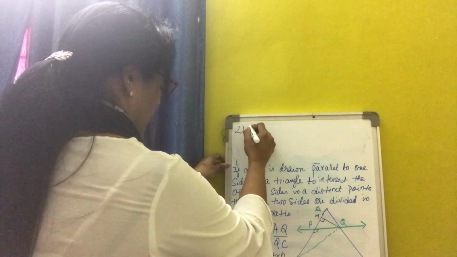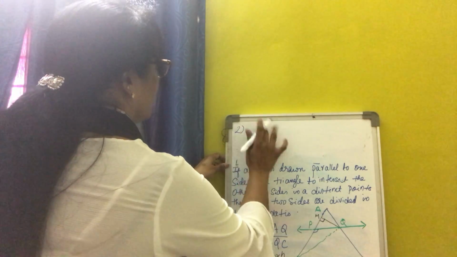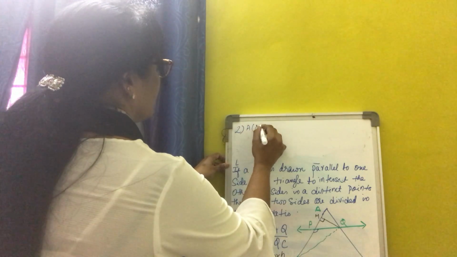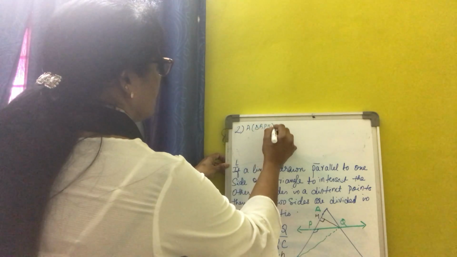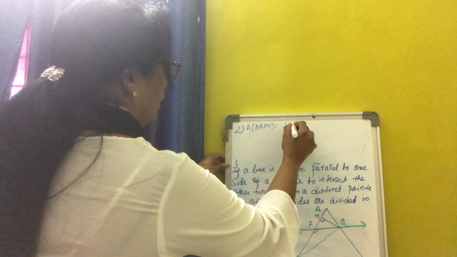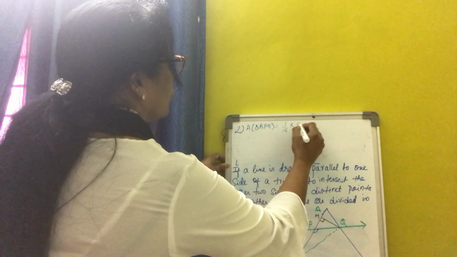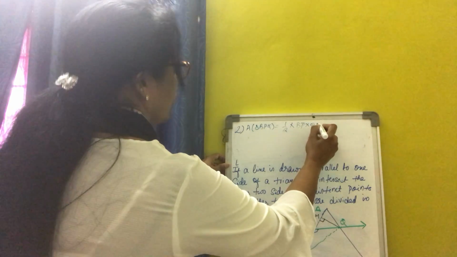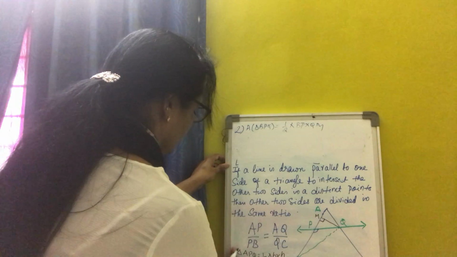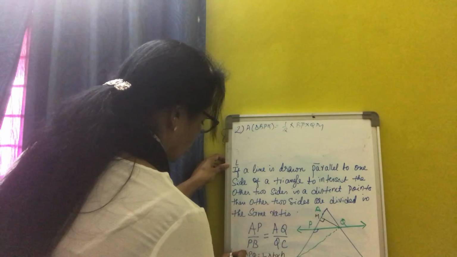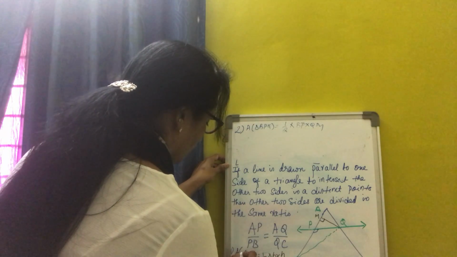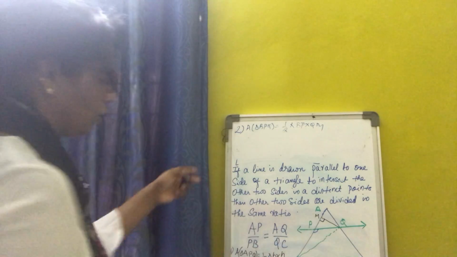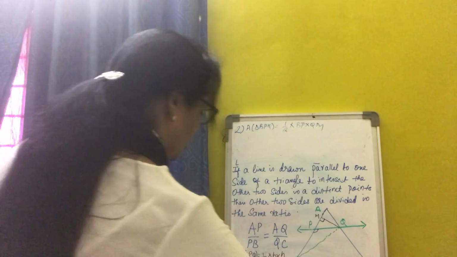Area of triangle BPQ is equal to half into BP into QM. Here also we write area of triangle AQP is equal to half into.